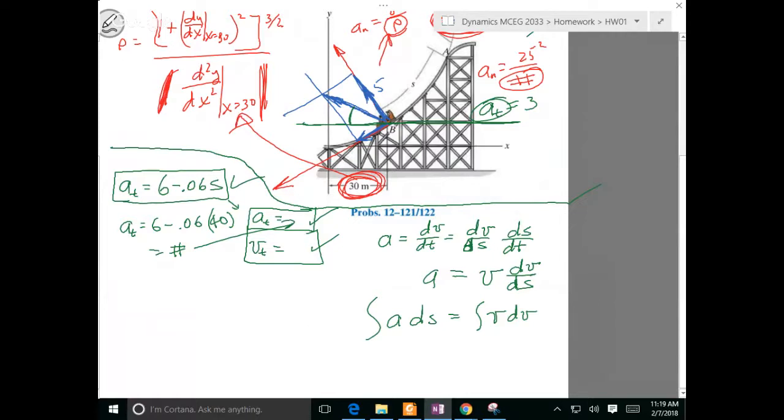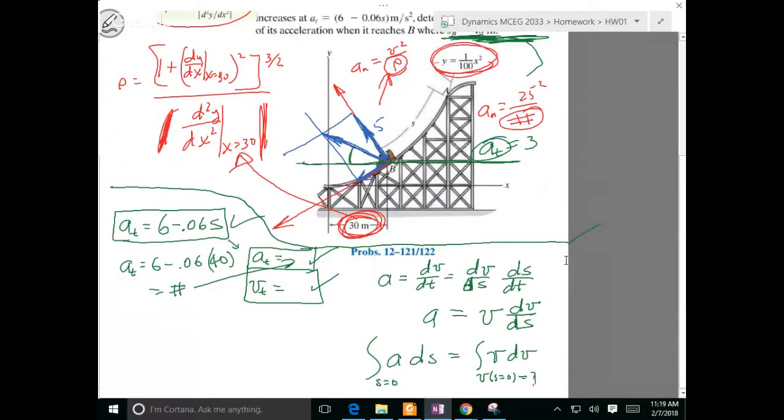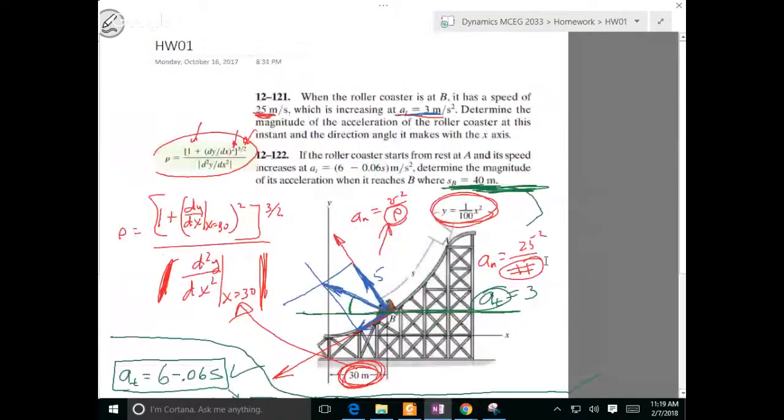So now, first thing he's got to do, I hope, when s equals 0, v at s equals 0 equals what? I hope he said it started from rest. Otherwise, you can't do the problem. Starts from rest. That's very important.